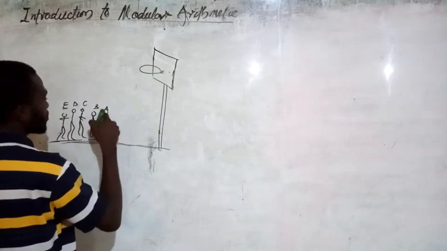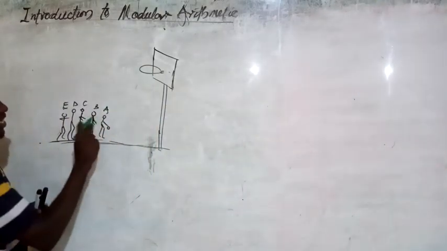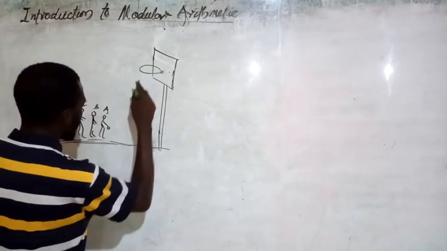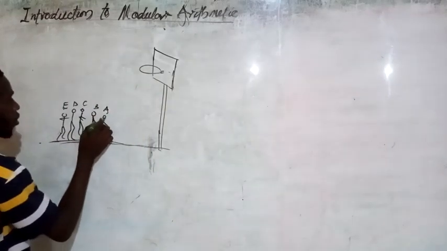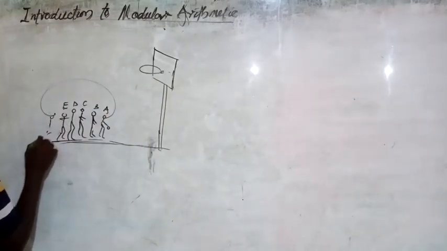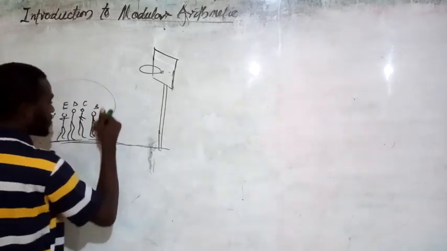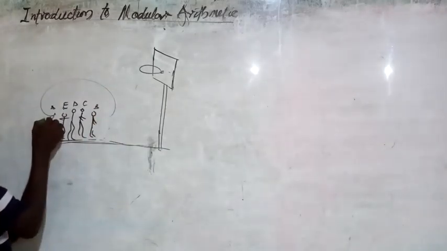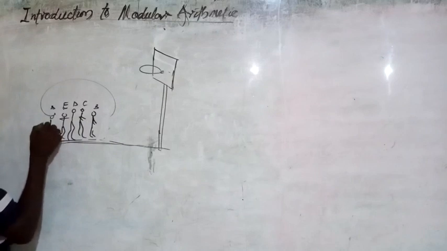But basically, hooper A is going to throw the ball, and after throwing it, he's going to come back here and stay.